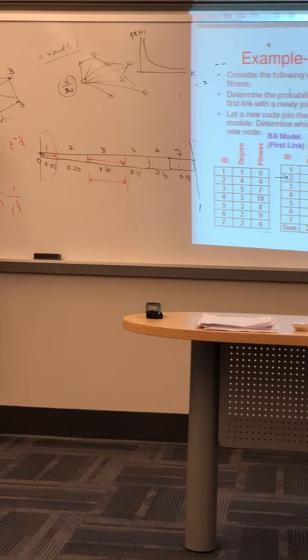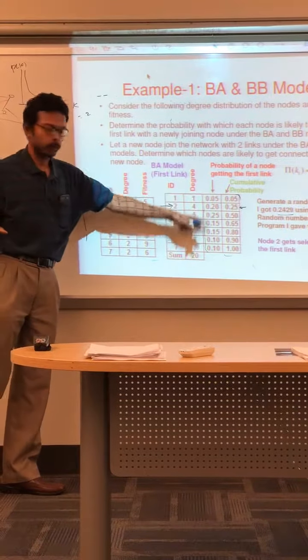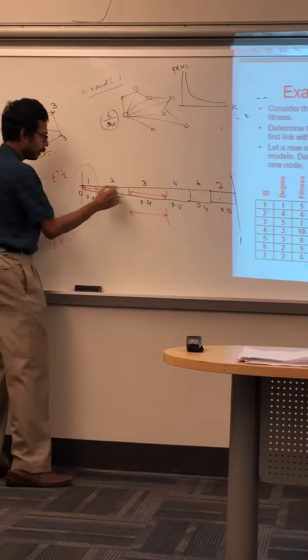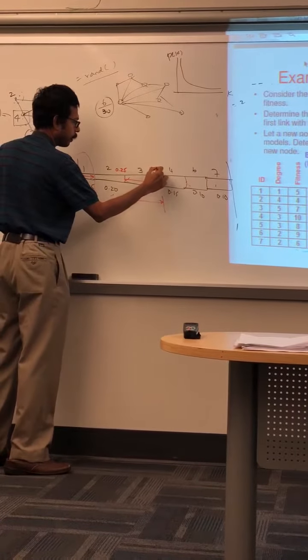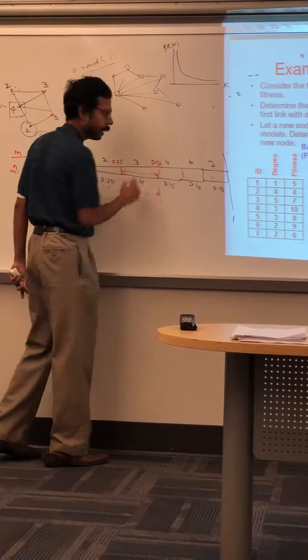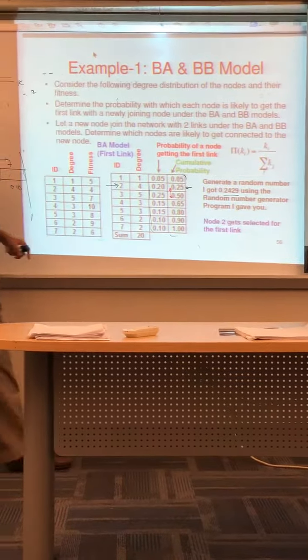Okay? So that is why you find the cumulative probability, because the random number could be anywhere from 0 to 1. So the sum of these two is what? 0.25 and this is what? 0.50. Right? So that is this range. Is that clear?